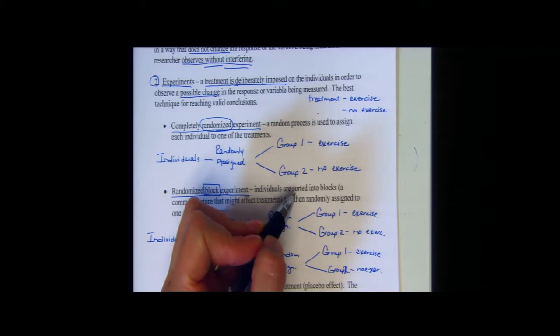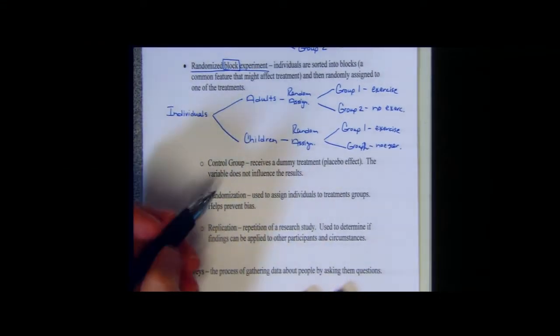Group 2 received a pill, but it actually was a pill that had no effect on them. That would be a placebo, where this group thought they were receiving treatment, but the pill actually didn't have anything in it. That would be what we call a placebo effect.